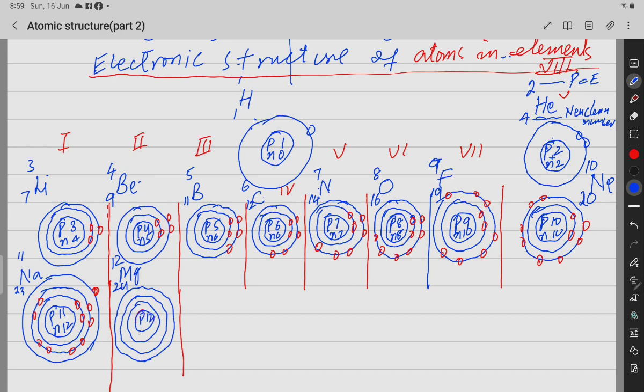Protons are 12, neutrons are 12. So first shell has 2 electrons, second shell has 8 electrons, and third has 2 electrons because it is present in group 2.